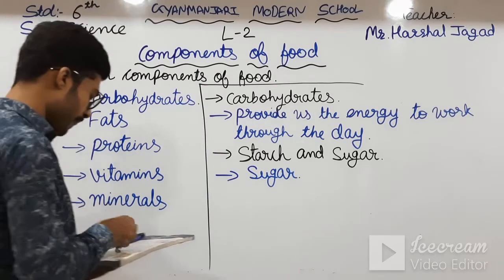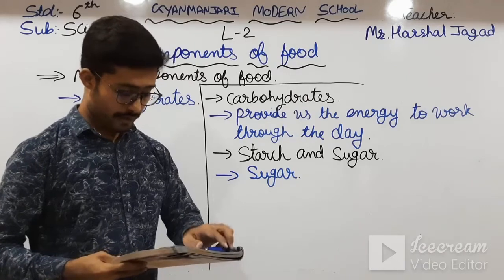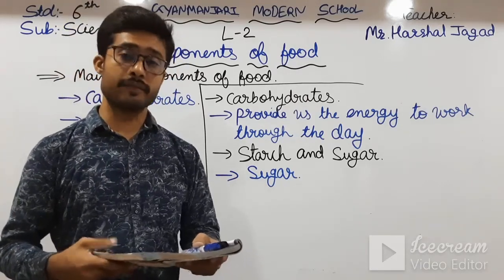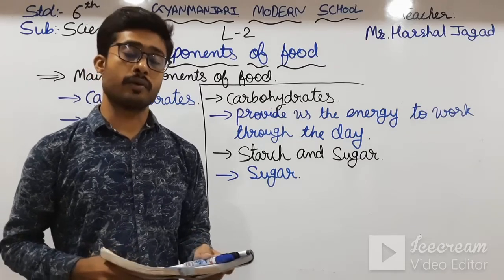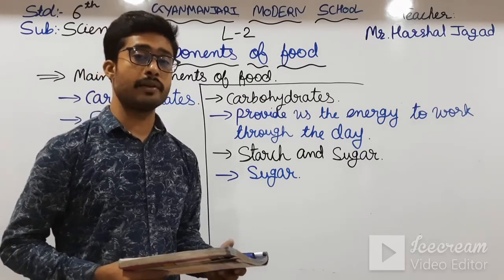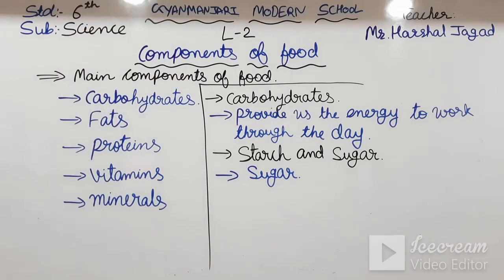There are mainly types of sugar. Table sugar, fruits and honey are some of the sources of sugar. Which are the sources of sugar? Can you tell me, students? From where do we get sugar?